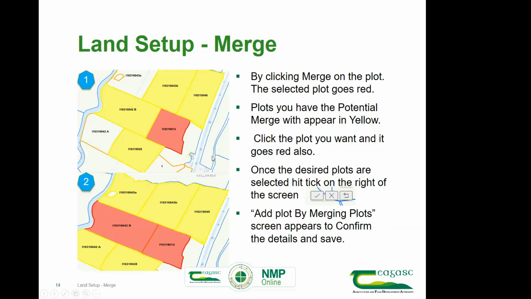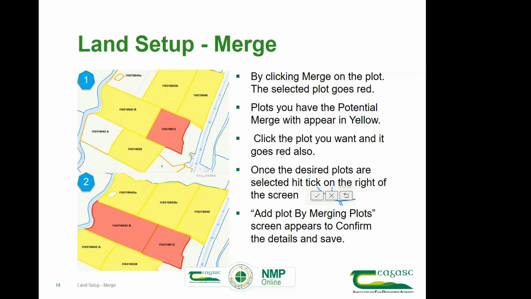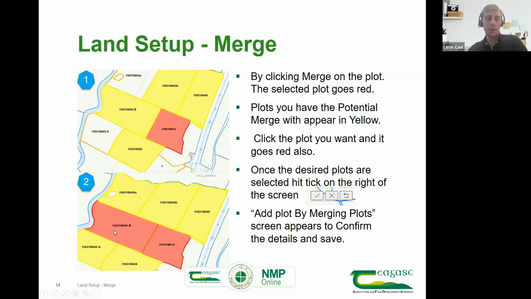Right, so merging. If I want to merge, again, I just click on my parcel. That box appears that I just click merge on, and I select the parcel that I want. So I've selected this parcel, and you can see here the other potential parcels that I could merge with also appear. You can see this parcel here didn't appear because it wasn't LPIS or it wasn't added to my list of plots earlier on.